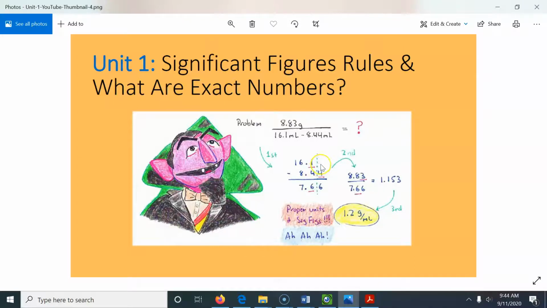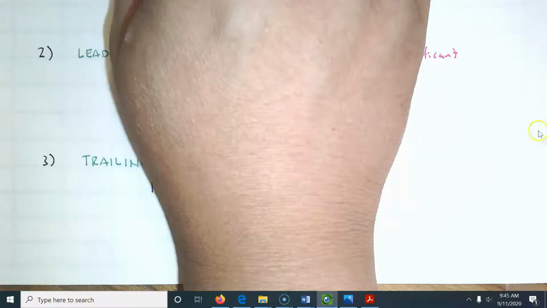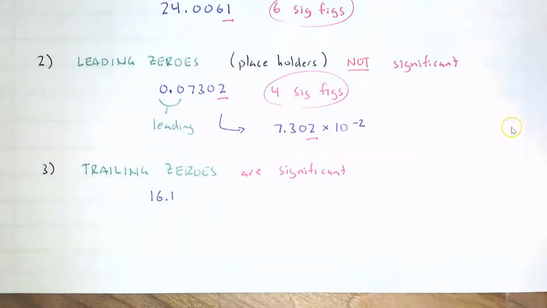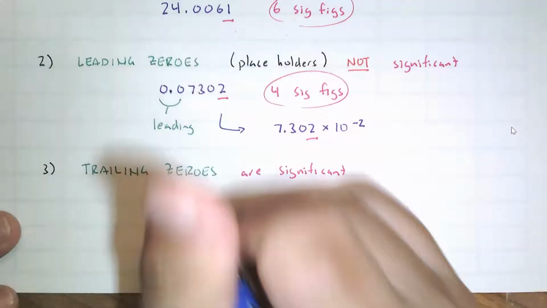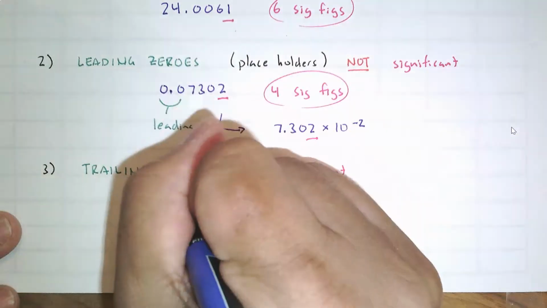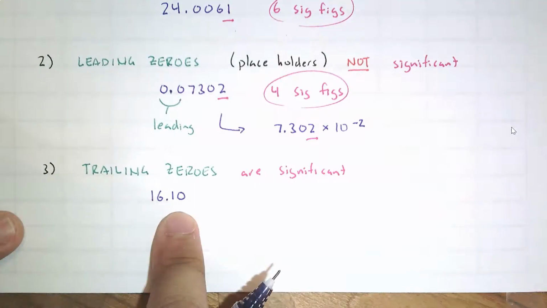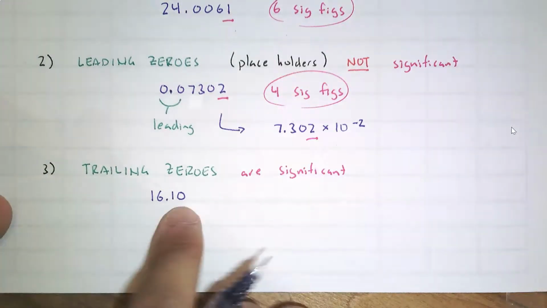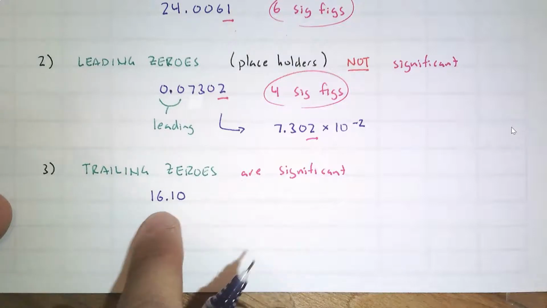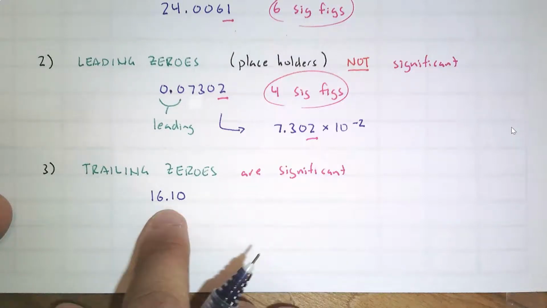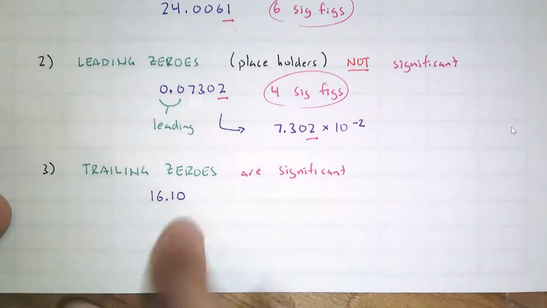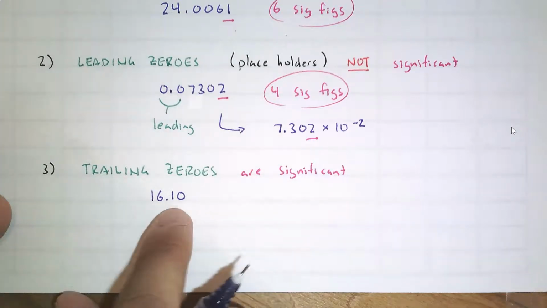That's where the error comes, in the 100th place. But if I had put a 0 here, there's a reason why I put it there, because I now know from my measurement that that 0 does exist. It's not 16.14, 16.12. My glassware was accurate enough that I know that it's 16.10.